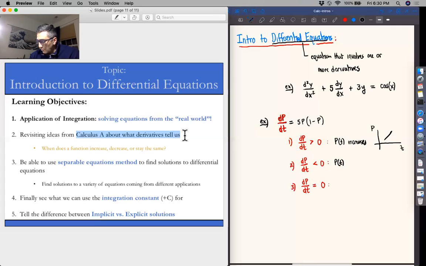Similarly, the opposite: if dp/dt is negative, our function p of t decreases, literally meaning that p at some point starts to go downwards. Now, if dp/dt is equal to 0, that means our solution p of t is constant.